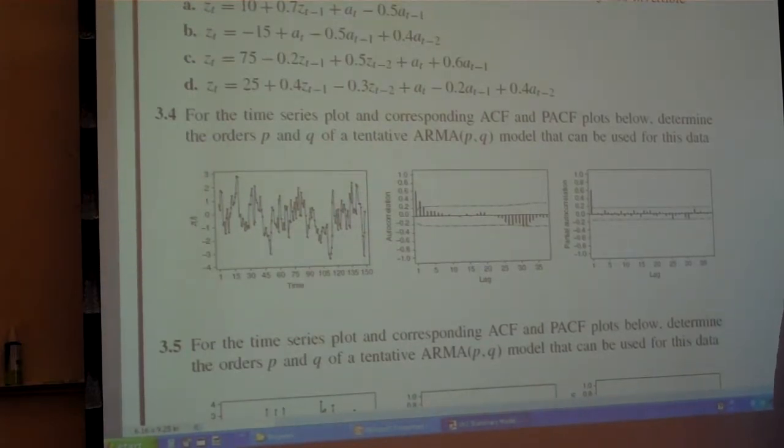So even though the ACF shows there might be two, you go with autoregressive, the partial.